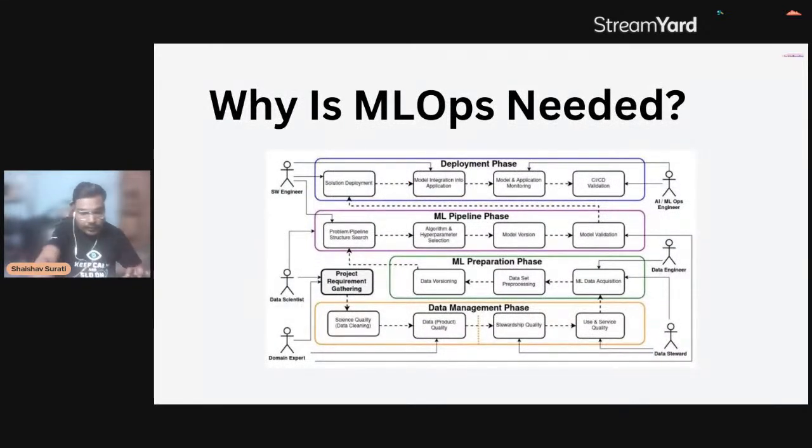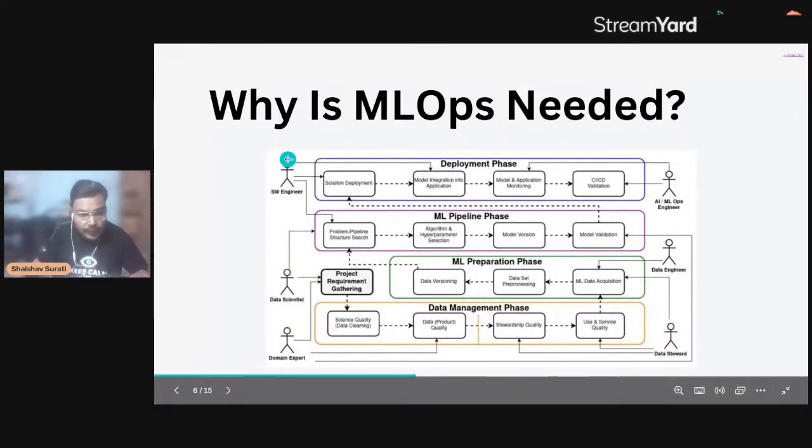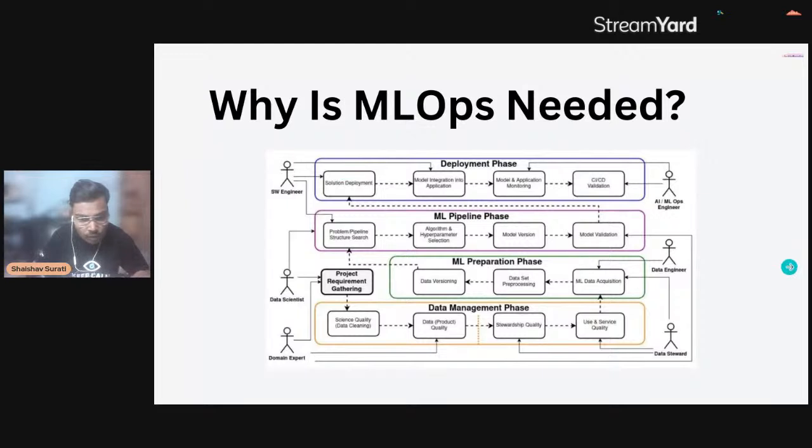Then, why is MLOps needed? Here is one diagram showing the whole flow of the developer and the MLOps engineer. You can see that software engineers, ML engineers, and data scientists work together to make this MLOps system.